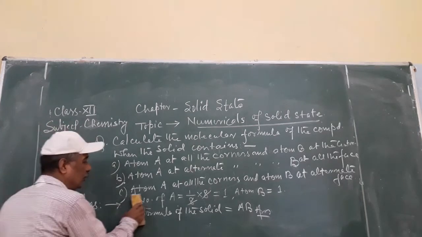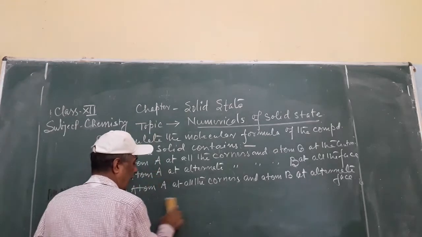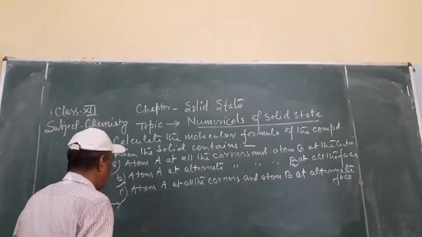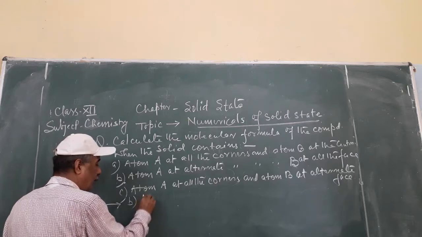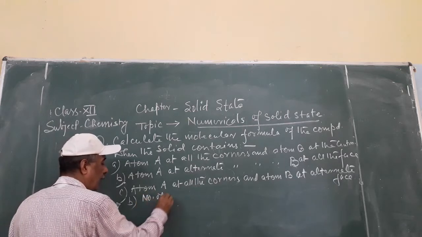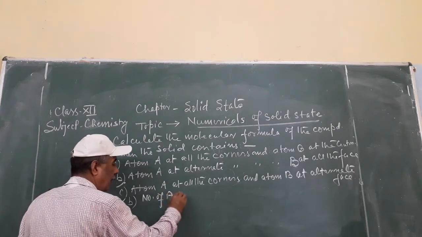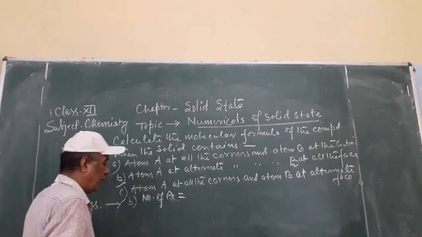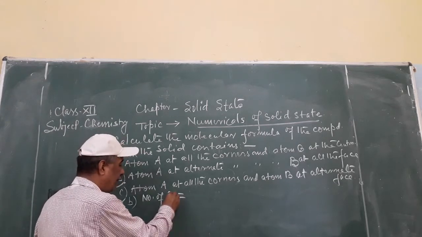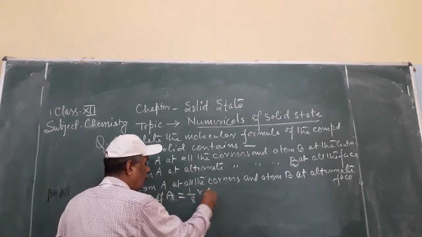So now come to the answer of B. The number of A will be 1 by 8 into 4.